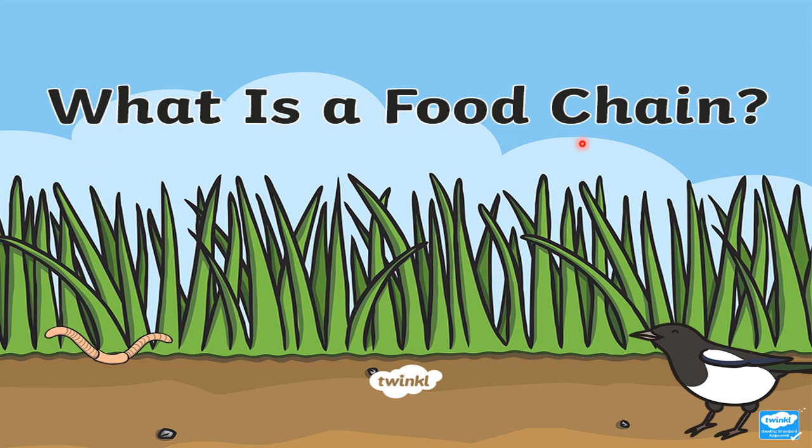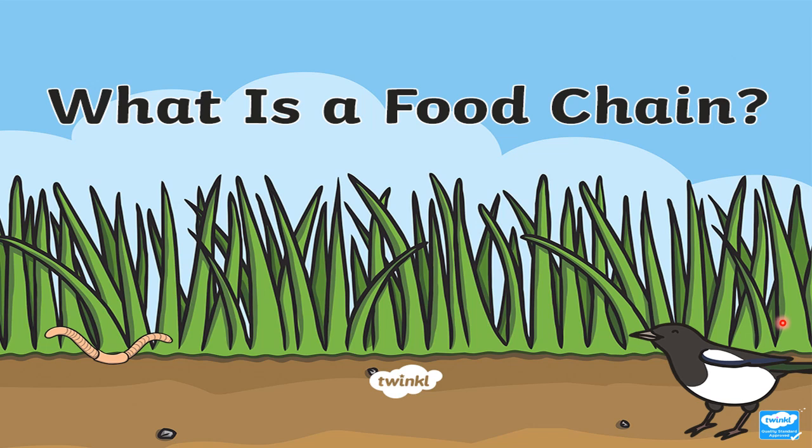What is a food chain? Let's learn in detail. We just saw a simple example from the allotment. A very short and simple food chain. It can be small all the way or it can be a little long.